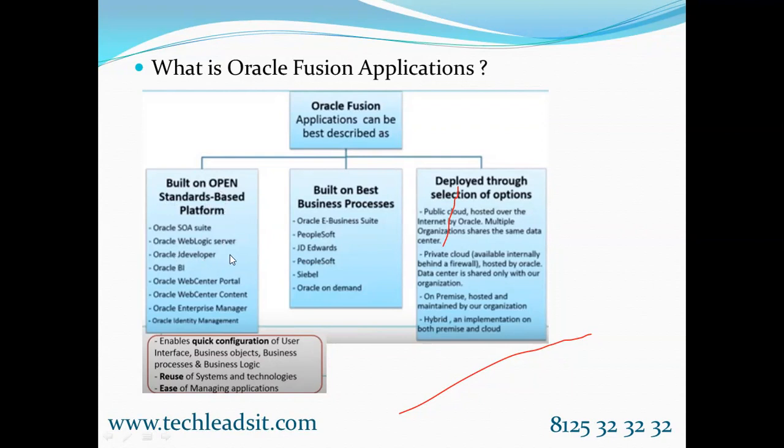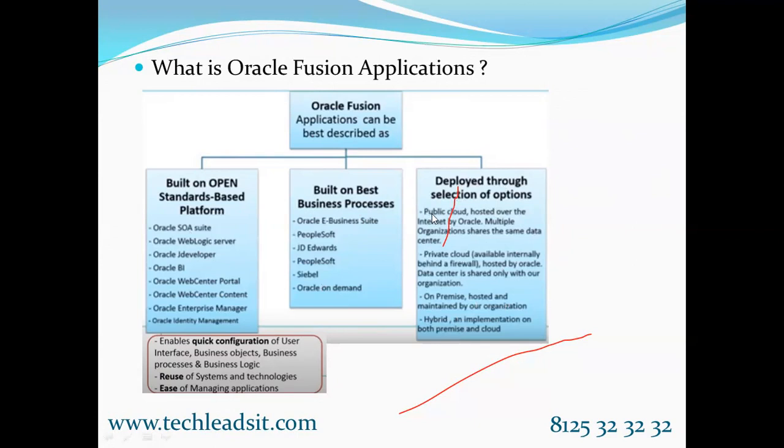We are very familiar with JDeveloper, an open standards-based platform, and ADF applications, and Oracle Business Intelligence Server especially for reporting, Oracle Identity Management for users and user-related operations, and WebCenter Content to see the Oracle documentation. So we have the best open-based platforms and the best business processes available. These processes and platforms are together deployed into one of the cloud models. That cloud model is called Oracle Fusion Applications.